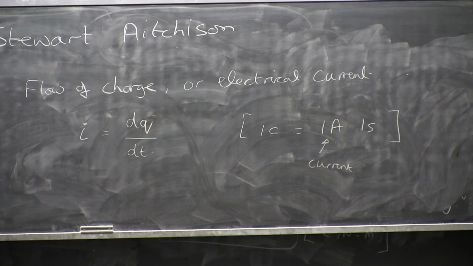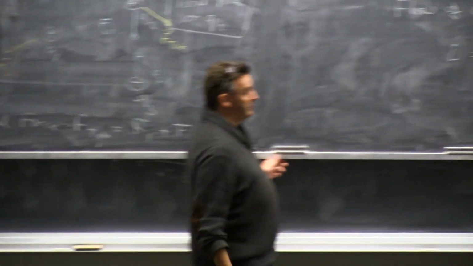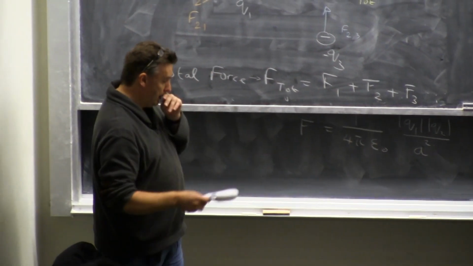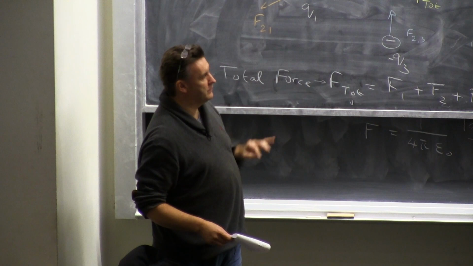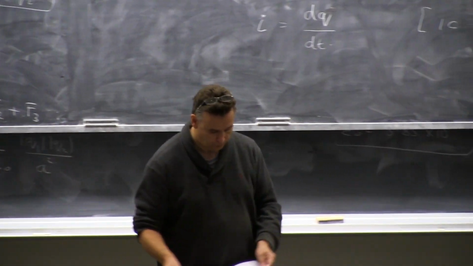So I've got a current of 1 amp flowing for 1 second, I have 1 coulomb of charge passing. That's a very large current flowing for a short period of time, so that's a large amount of charge. So we'll come back to this later when we start talking about electrical circuits.